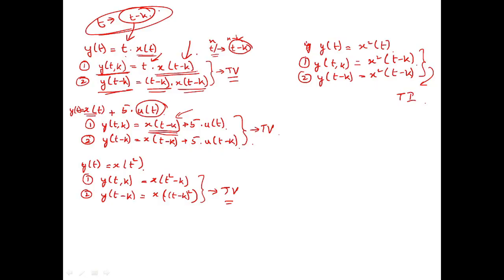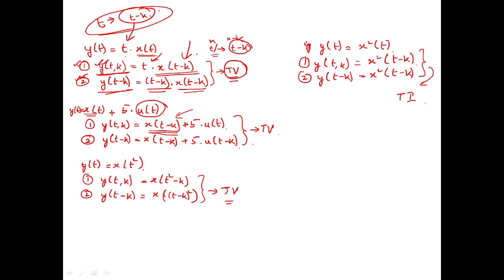Okay, so after we do both of these, the delayed output and the output by replacing time, if 1 and 2 are varying, then the system is regarded as a time varying system.